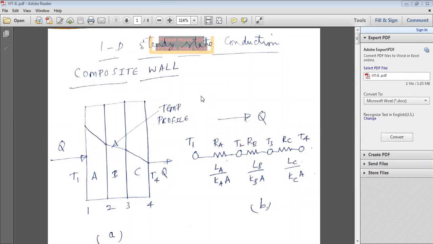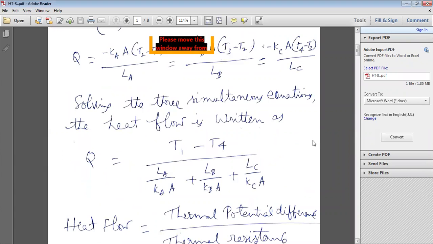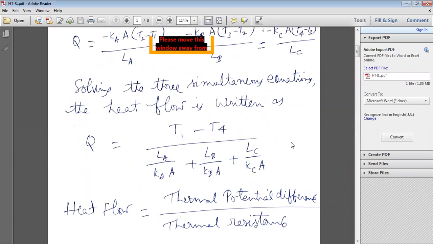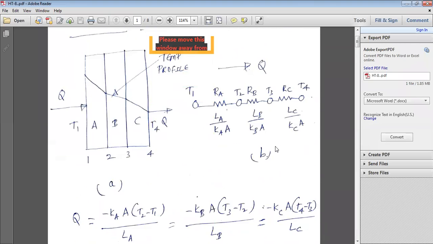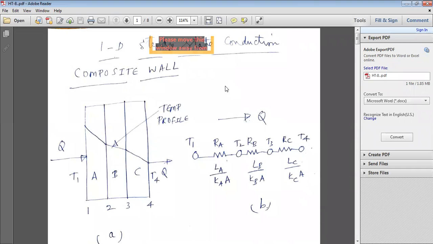If you take a single material with a temperature difference between T1 and T2, and thickness L, the heat transfer rate can be calculated by using the temperature difference divided by thermal resistance. Like that, you can apply this one-dimensional heat conduction to more than a single material.